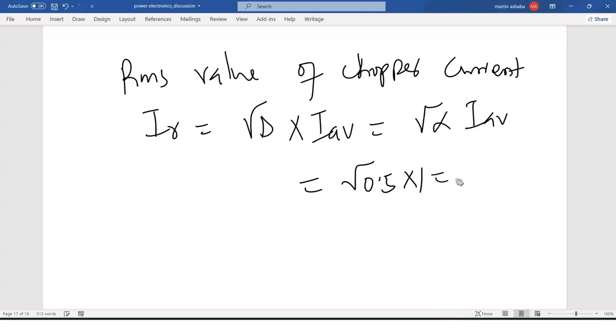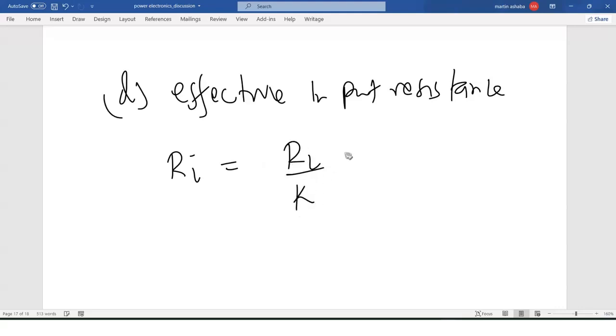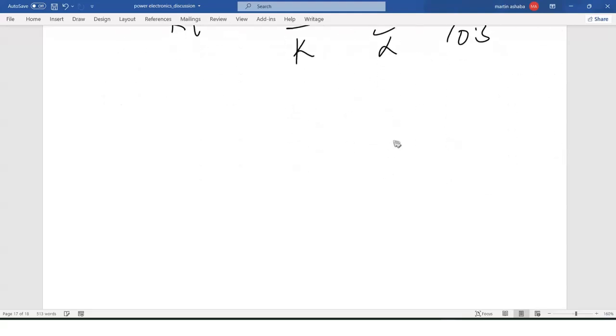We multiply it by 1. This is 0.707. Then next is to get the effective input resistance, Ri. This is equivalent to RL divided by K, or divided by alpha, or divided by duty cycle. This is 10 divided by 0.5, and this is 20 ohms.